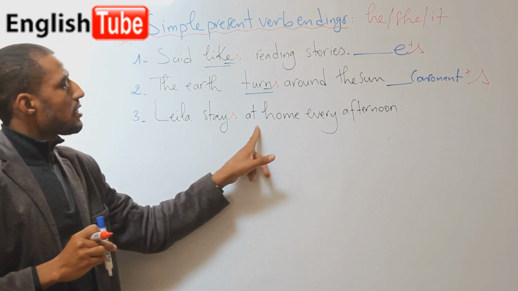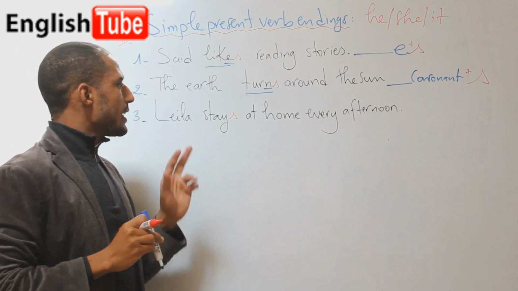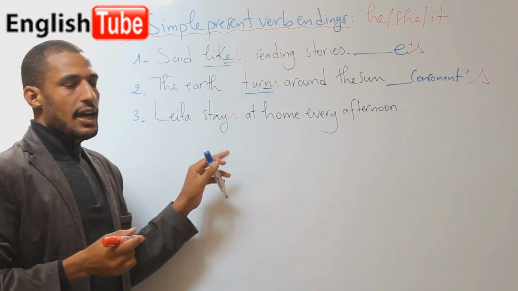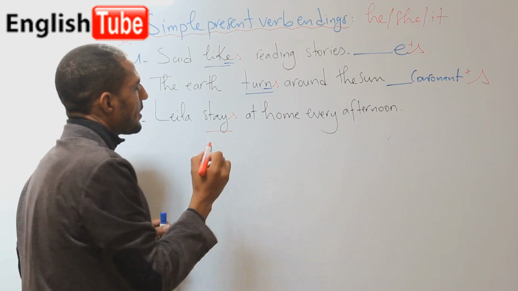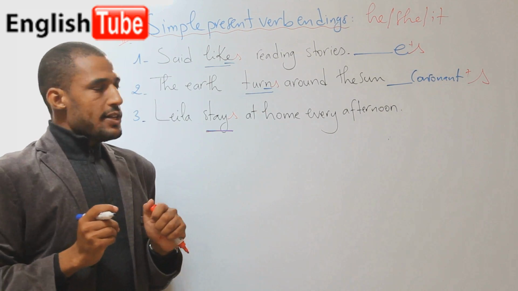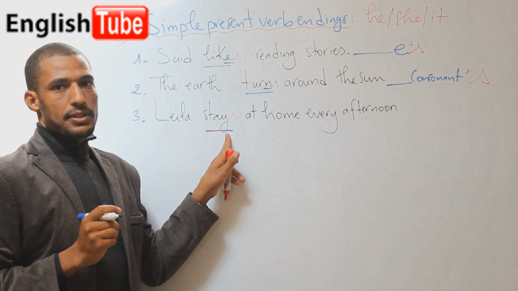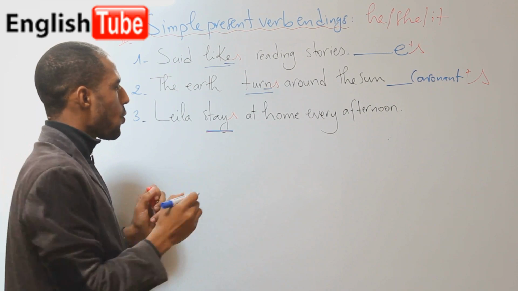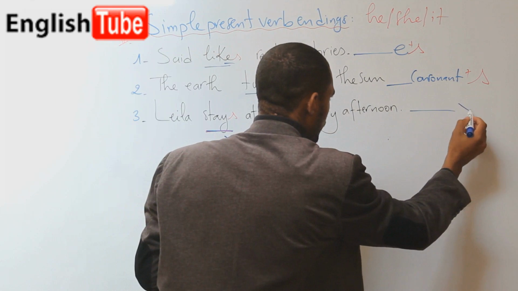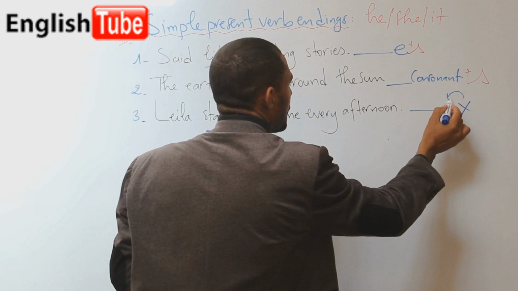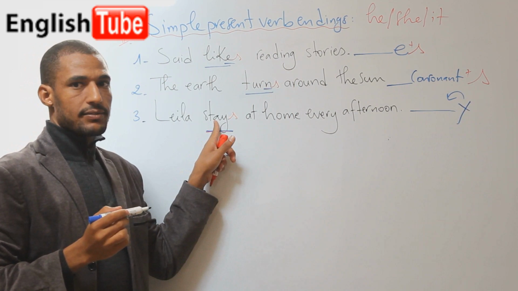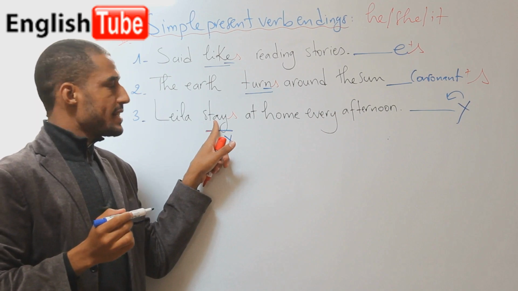Layla stays at home every afternoon. The verb here is stays, and the verb base is stay. If you notice here, the verb stay ends in Y, and before Y there is the letter A. The letter A is a vowel, it is not a consonant.